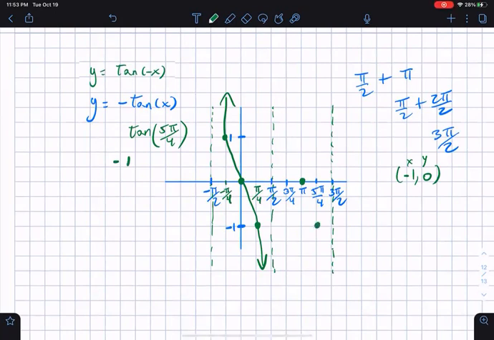And then if you put 3 pi over 4, we're going to be in the second quadrant. So y is positive but x is negative, so y over x is going to be negative. And that's -1 times -1, that's going to be +1. So that means that we're here. So this is the graph.